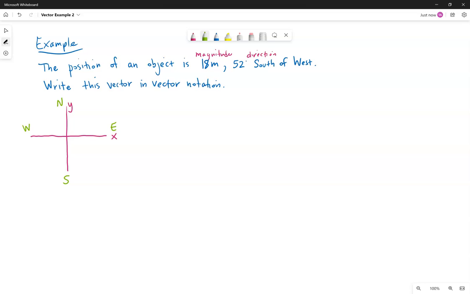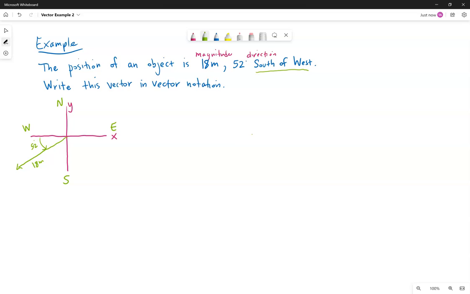So when they tell us the position of an object is 18 meters away at this angle, south of west means if you start west and head south by 52 degrees, this is where our vector lies. The length of the vector represents 18 meters, and then the angle we know is down below that, 52 degrees.